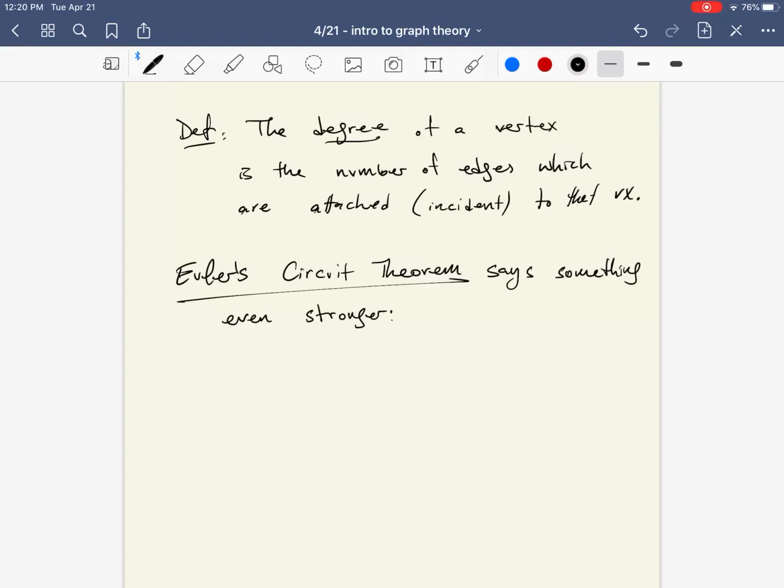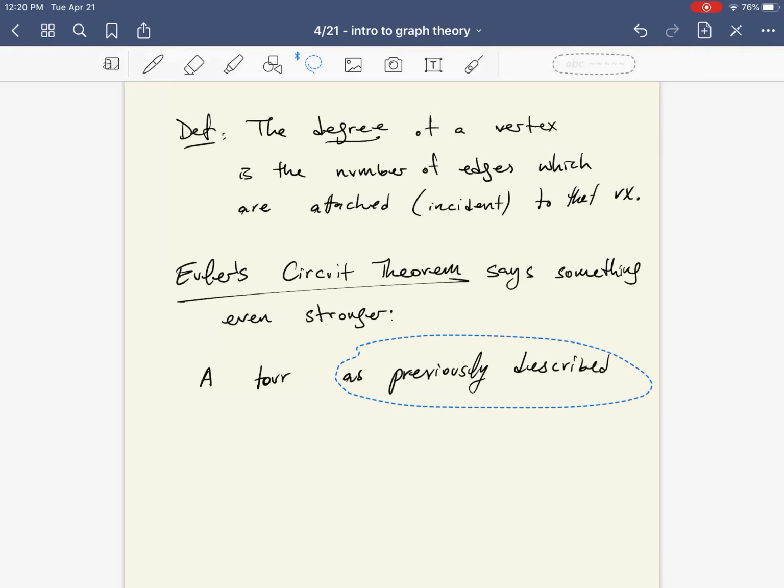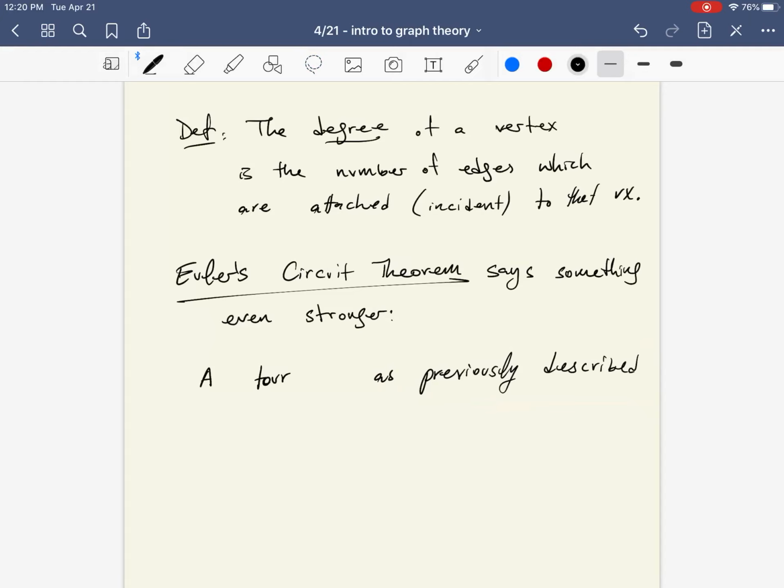Namely, that a tour, as previously described, and actually, I'm going to call it what we call it, because we've named these tours a specific name.